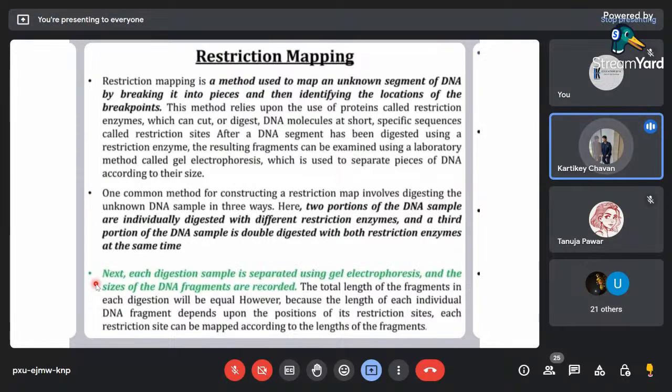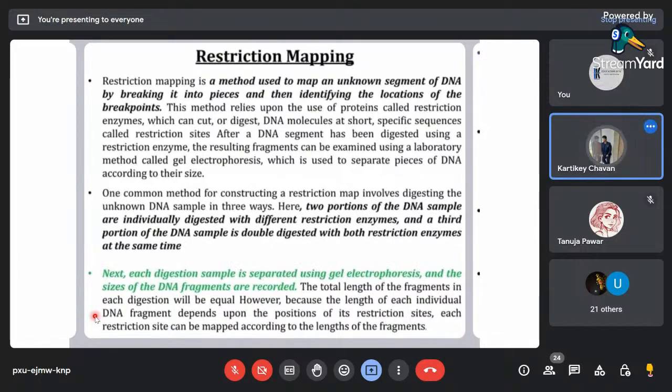Next point: one common method for constructing a restriction map involves digesting the unknown DNA sample in three ways. Two portions of the DNA sample are individually digested with different restriction enzymes, and the third portion of the DNA sample is double digested with both restriction enzymes at the same time.